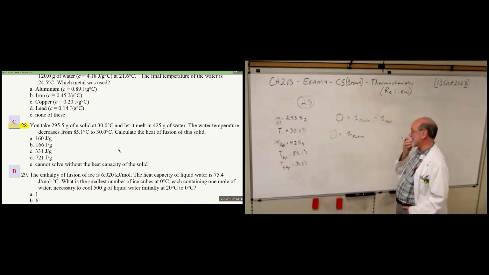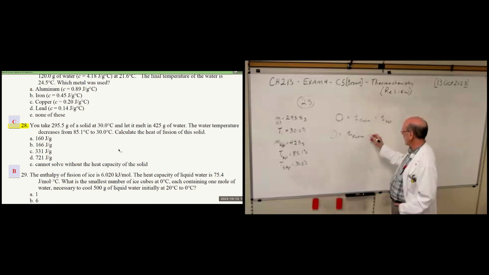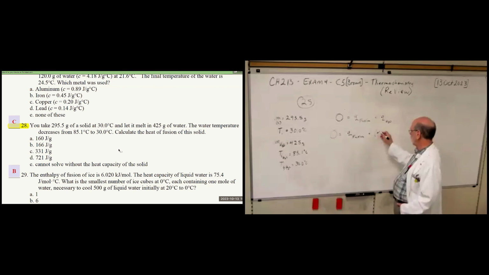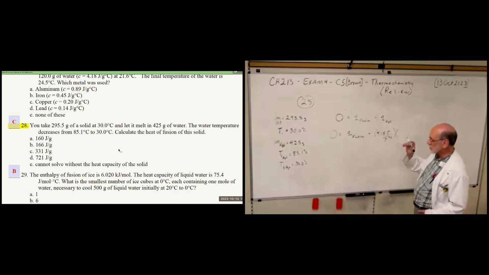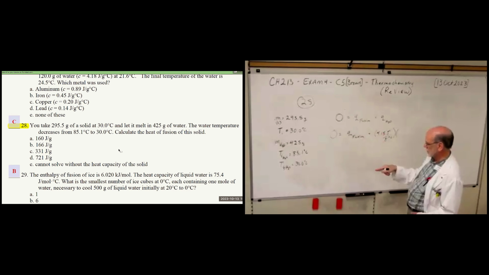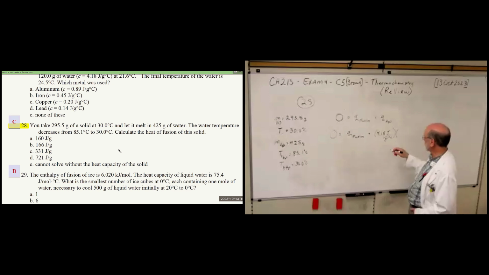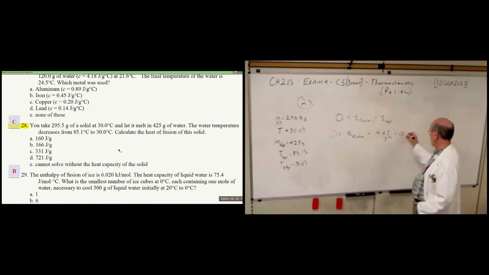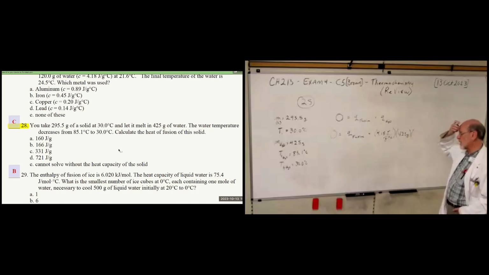So this is going to be our unknown, the Q of fusion, the heat of fusion, which will be joules. And then the water is going to be 4.18 joules per gram degree C, and then the mass of the water, which is 425 grams. And then the change of temperature for the water.